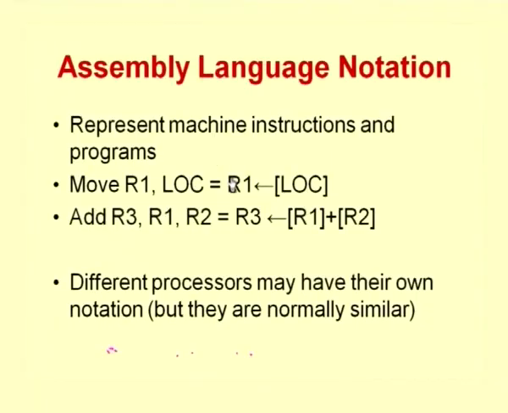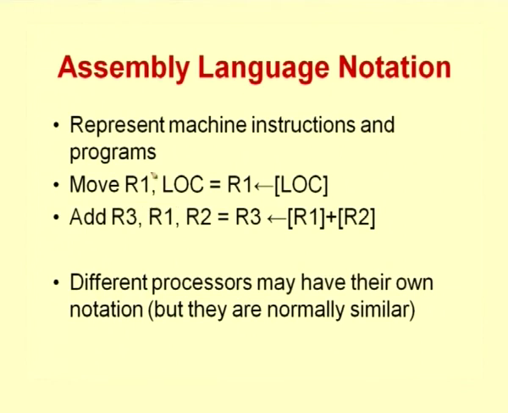Another notation that is used is the assembly language notation. Here again different processors may use their own different assembly language notations, but in general you can find a lot of commonality between them. So, we have machine instructions which are represented like this: I would have something like move R1, LOC.